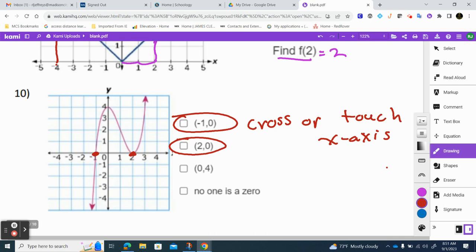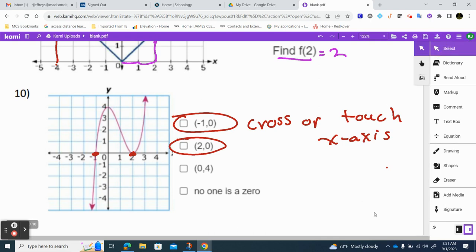I know somebody had to do it, even if they did it just one time for fun. All right, we go with 10.